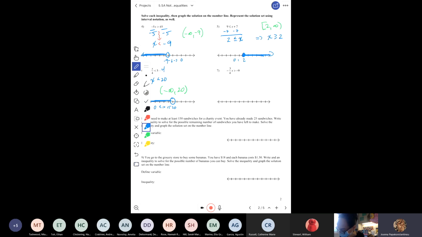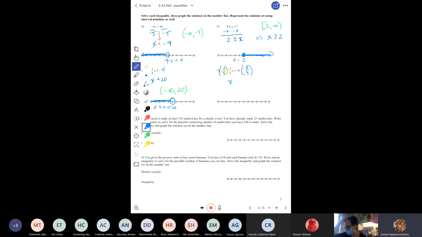Okay. Ooh, look at the next one. The next one, I have a negative 3/4. How am I going to address that and isolate the x on the left? Not divide by negative 3/4. Yes, multiply by the reciprocal. So the reciprocal is negative 4/3. Remember, because I want to get just x on the left. So I'm multiplying by the reciprocal on both sides. So it's gone here. So that's going to leave me just x.